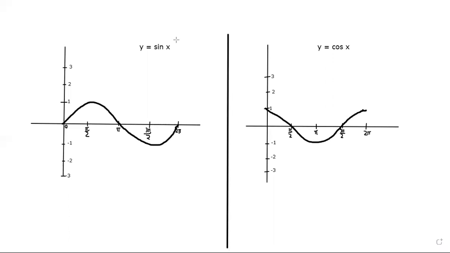So now let's look at this one. We're going to go y equals sine, and I'm going to have to put this in. I'm going to come back with this. Y equals sine, and let me write this in here so we'll be able to understand it.